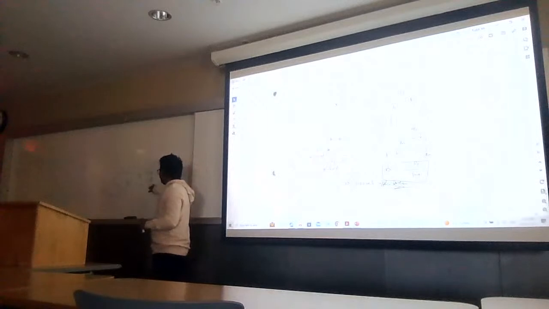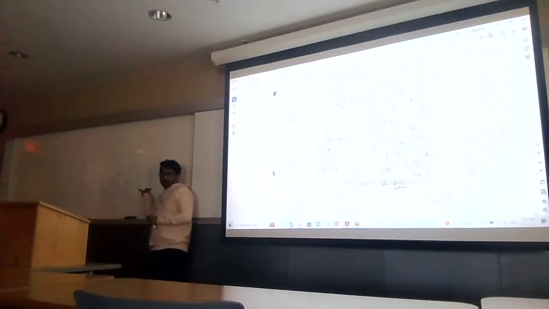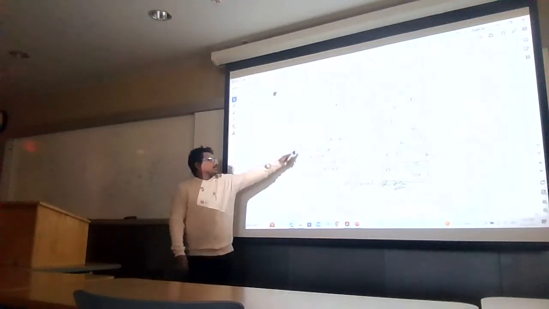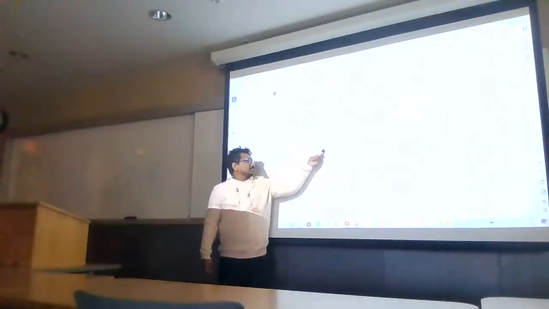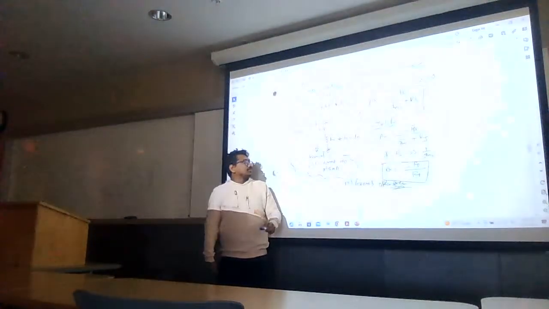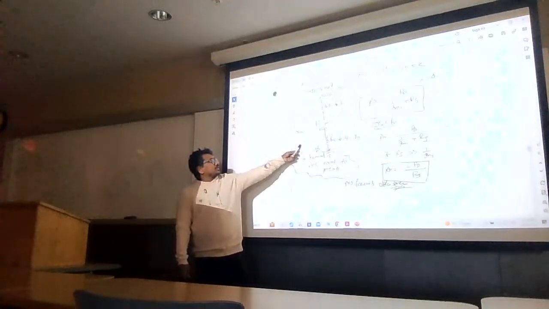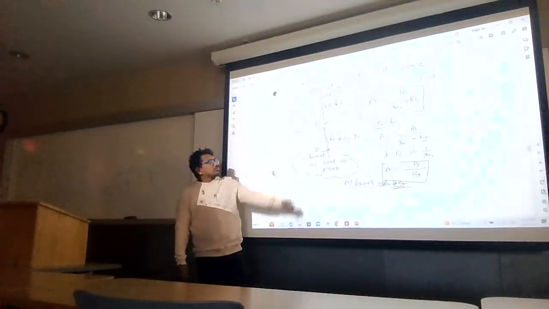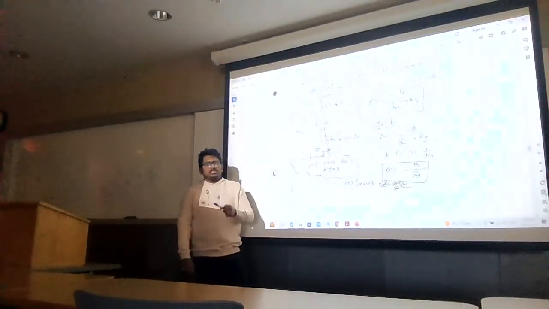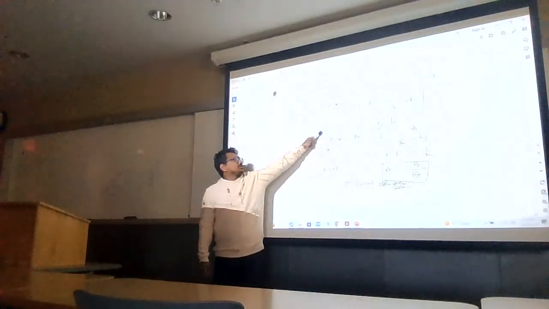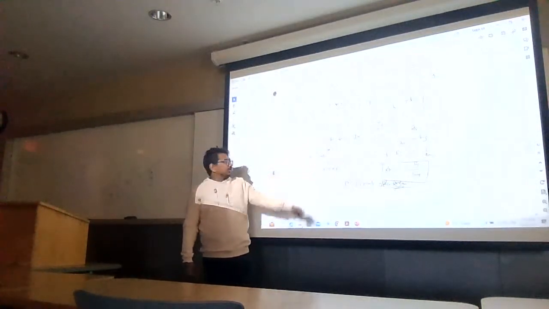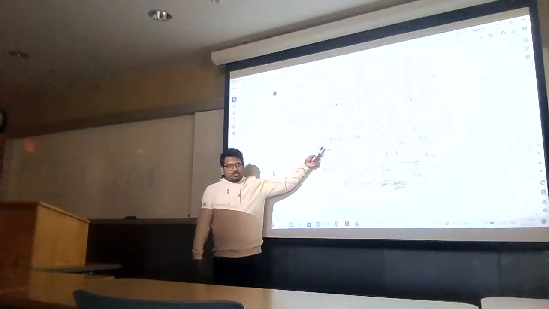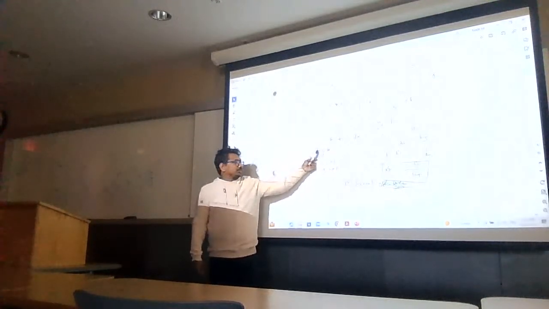Previously this source was directly connected to ground, but now the source is connected with a resistance and then to ground. This circuit is known as a common source amplifier with source degeneration. Source degeneration means the source is not connected directly to ground; there may be a current source, some MOSFET, or something there.